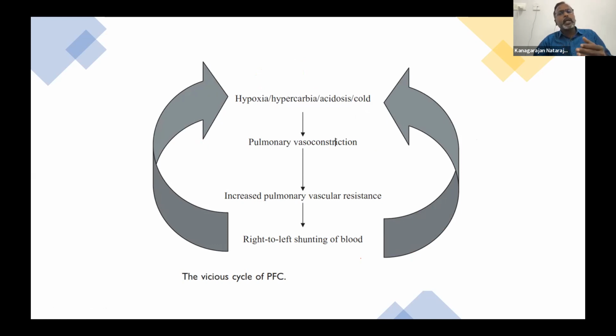If any condition does not allow the PVR to come down, that means your pulmonary blood flow is not increasing, then the ductus arteriosus has to be there for compatibility to survive. So you have pulmonary vasoconstriction, increased pulmonary vascular resistance, then the shunt remains the same. So it's very important in the neonatal period to avoid any insult which can decrease or increase the left to right and right to left shunt.